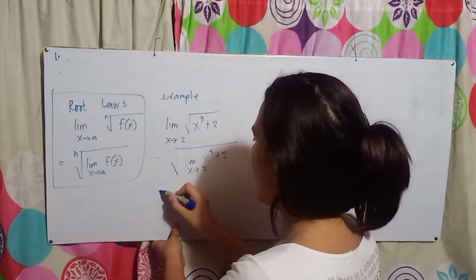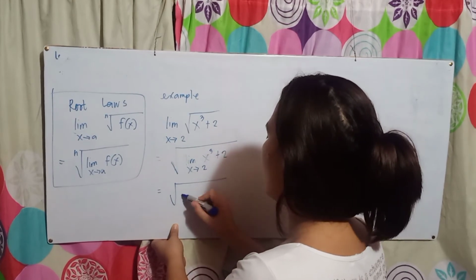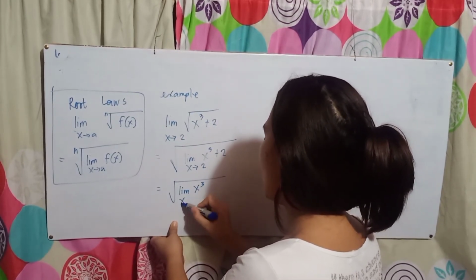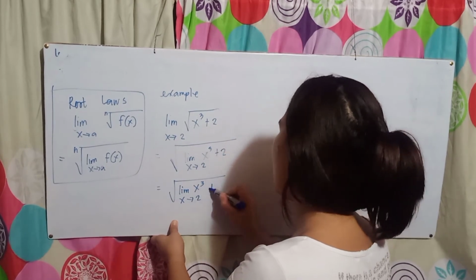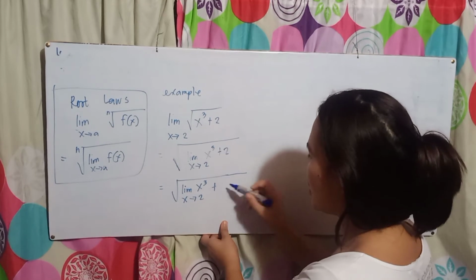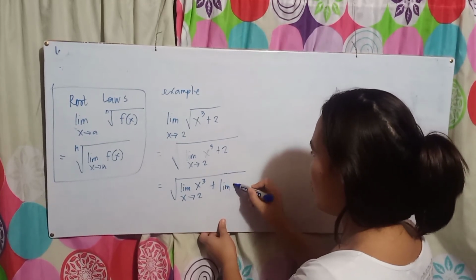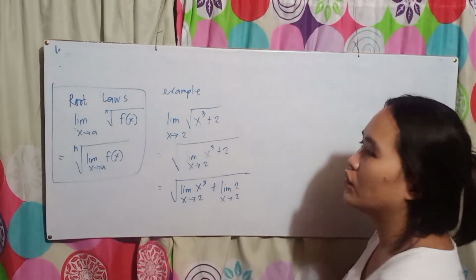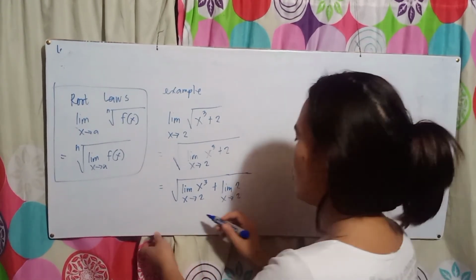So, magiging square root of limit x cubed as x approaches to 2 plus, so, power law, ang isa is limit of 2 as x approaches to 2. So, constant law.